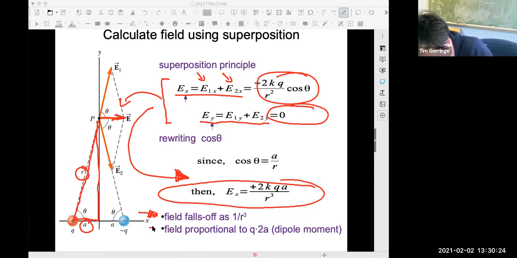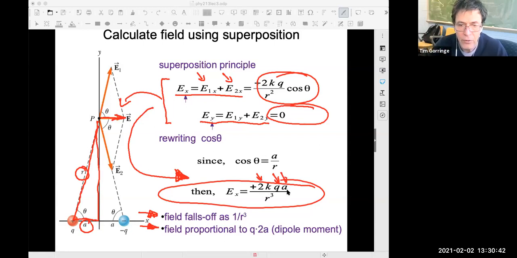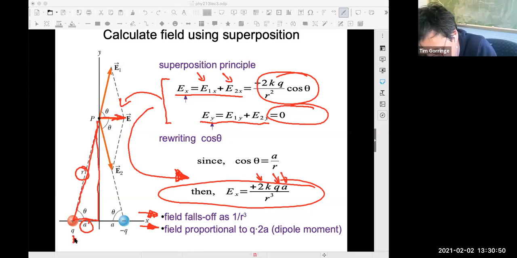And then the second important point is the strength of the field. Look in the numerator. There's a Q, and there's also actually a 2A. There's a 2 on the left and an A on the right. Q is the amount of charge on the positive or the negative end of the dipole. 2A is the separation between the positive and negative ends of the dipole.